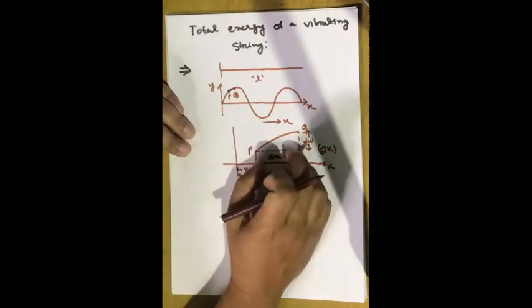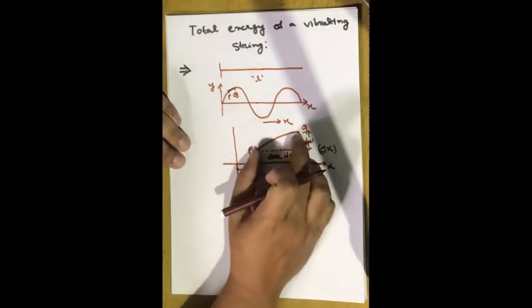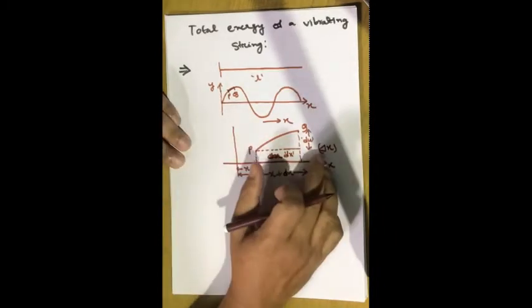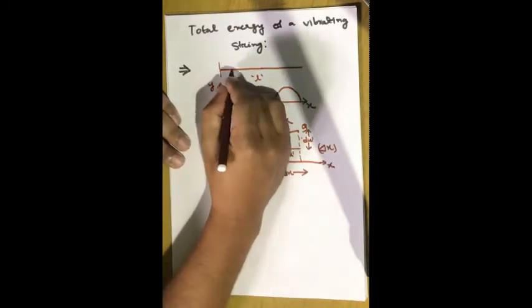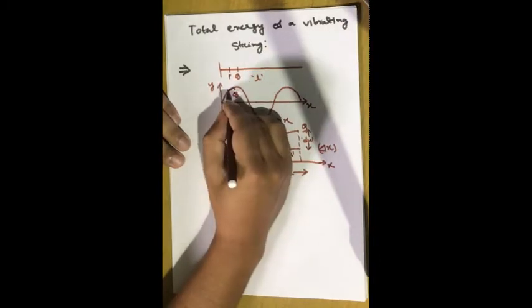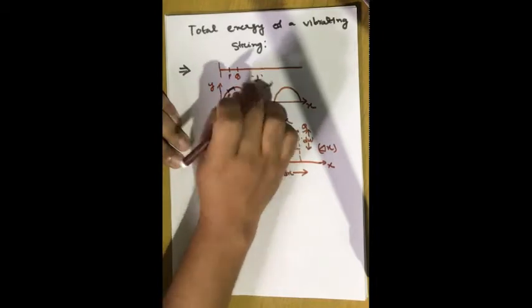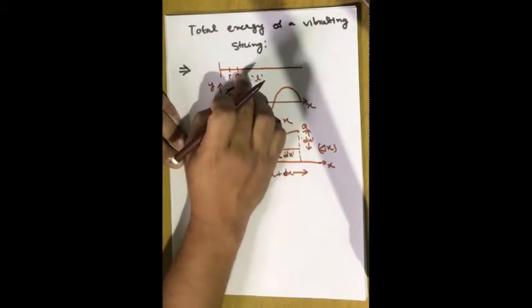Now we are going to consider the displacement of the portion PQ as the wave travels through the string. Suppose initially the portion PQ was like this. Now, due to the vibration of the string, the position of PQ has become like this. So there will be an increment in the length of the element PQ.